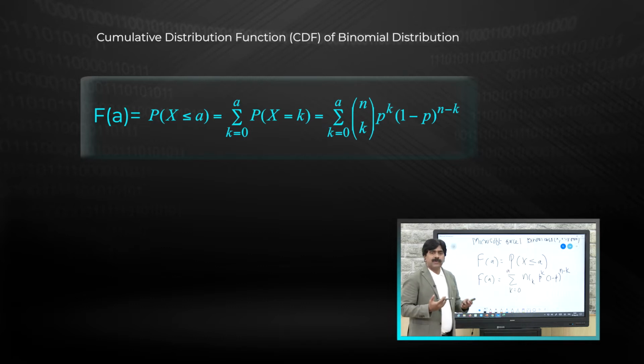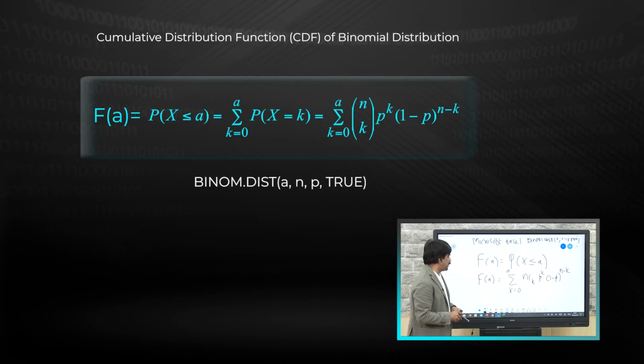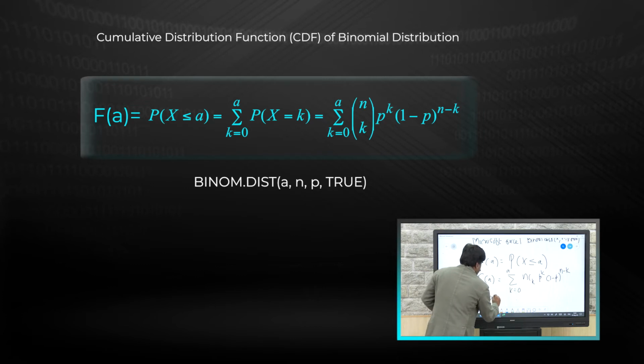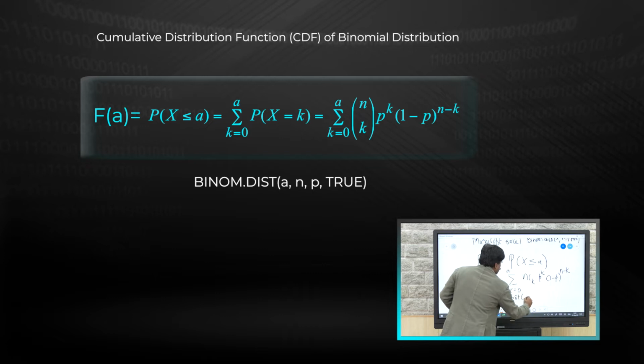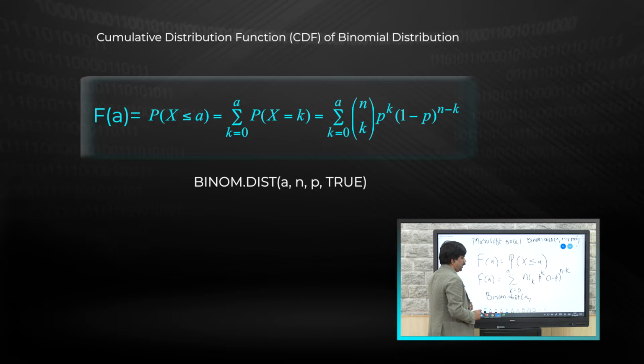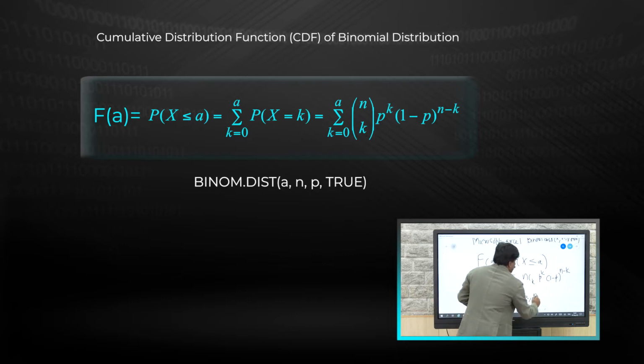So, basically what we are doing is adding the probability mass function values up to the value of a. If we are using Excel to calculate the cumulative probability of binomial distribution, then we can use the function BINOM.DIST(a, n, p, TRUE). Basically, we want to calculate the probability up to a, n is the total number of trials, and p is the success probability.